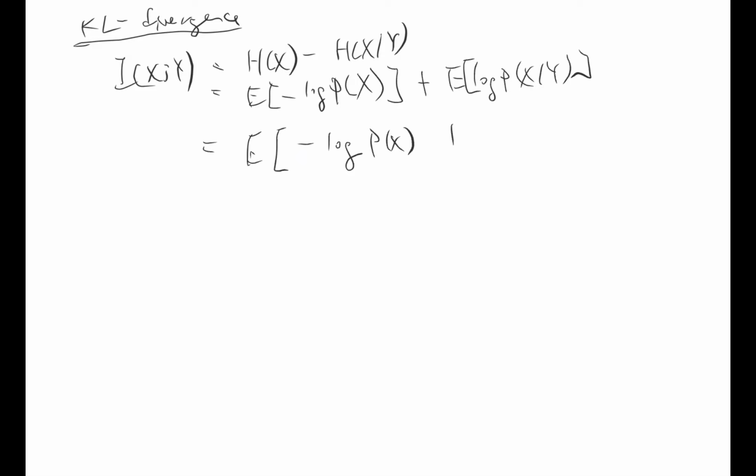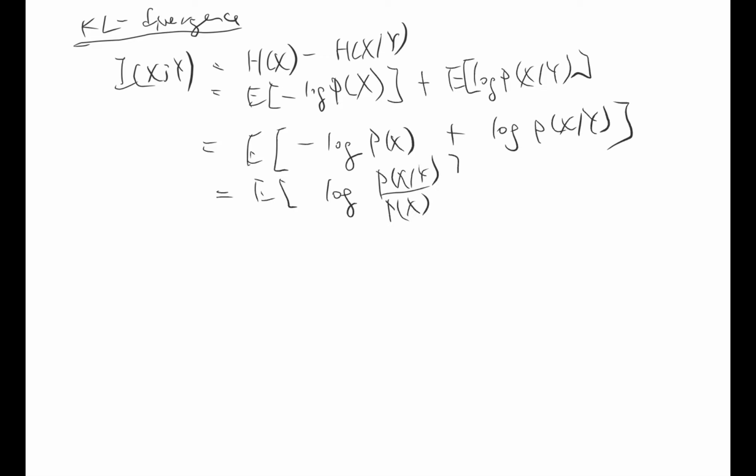Log p(x given y), and then I can combine the logs into the log of a ratio, so it will be log of p(x given y) over p(x) here, right?